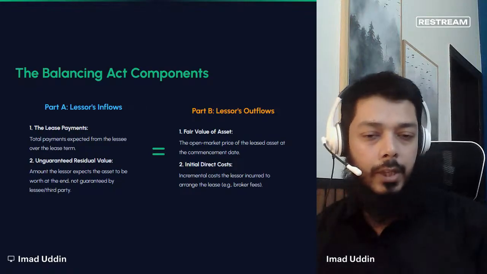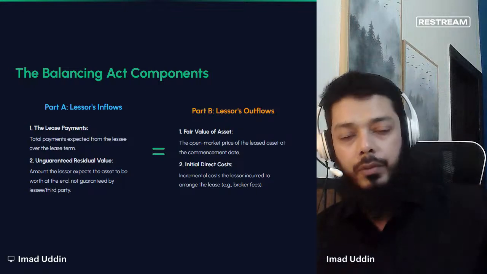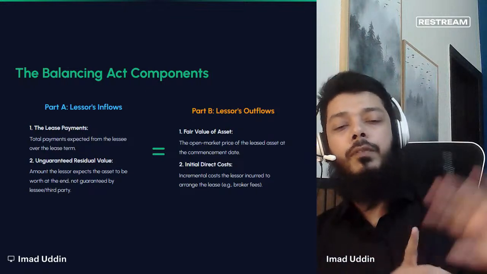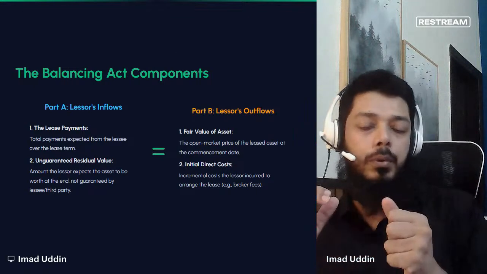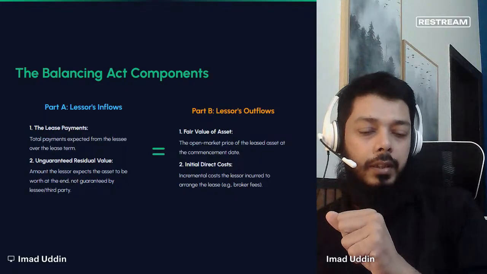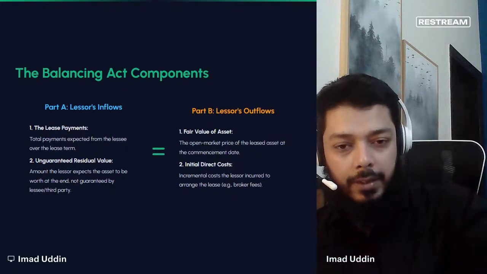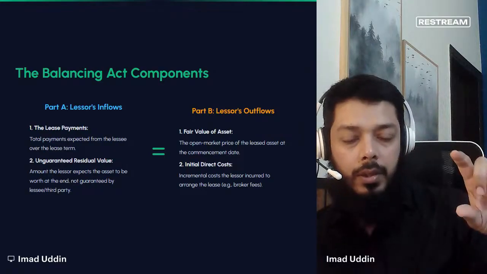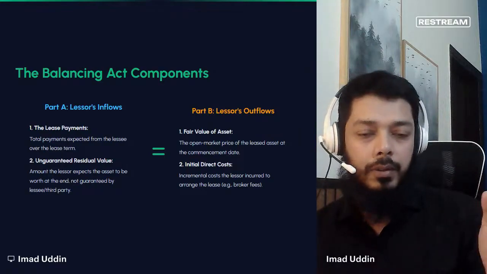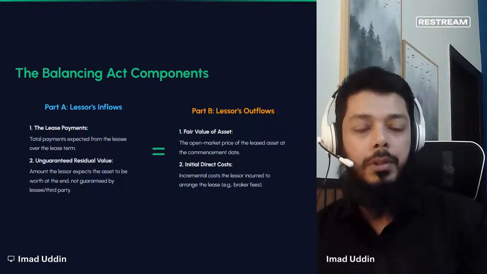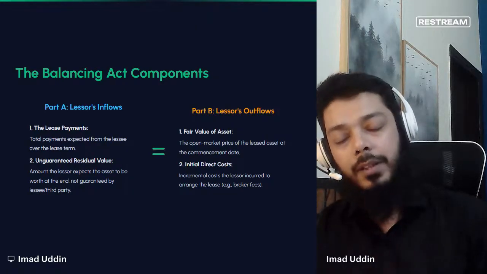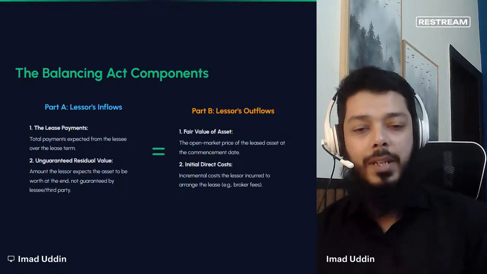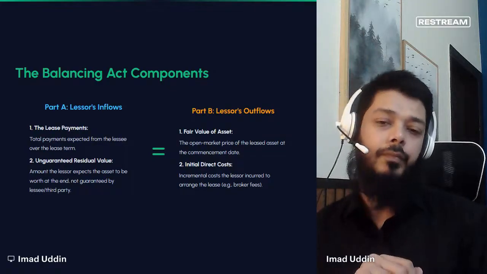So these are the two things the lessor is investing to get all of these future returns. The present value of future returns should be equal to the investment today, and the rate that makes this so is basically the IRR, or in the case of IFRS 16, the interest rate implicit in the lease. And it's always calculated, I'm saying again, from the perspective of the lessor.